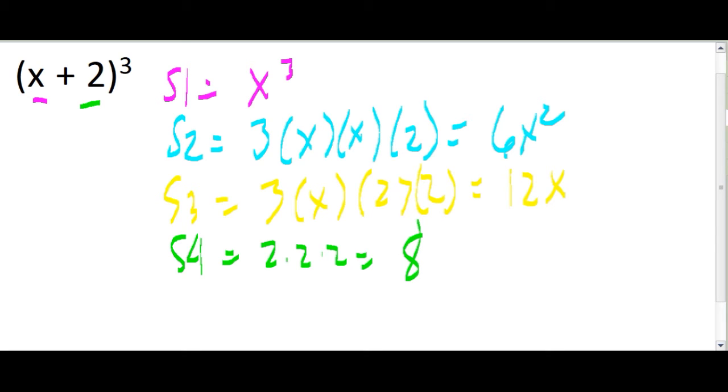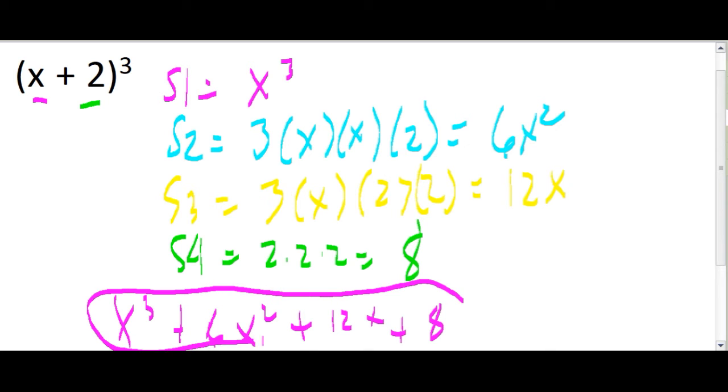So, the answer here is x cubed minus, or is it minus? No, it's plus 6x squared plus 12x plus 8. Ayusin natin yung plus. And, ayan na yung magiging sagot para sa x plus 2 cubed.